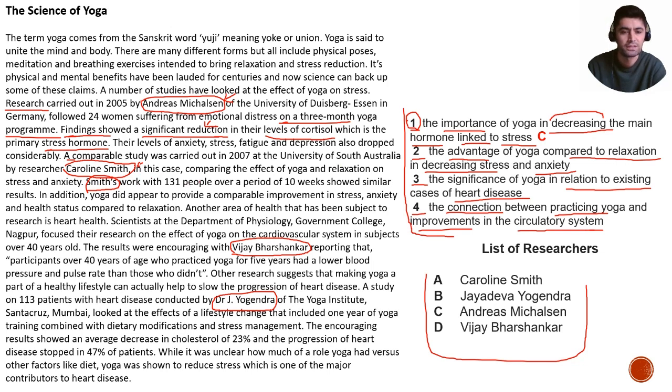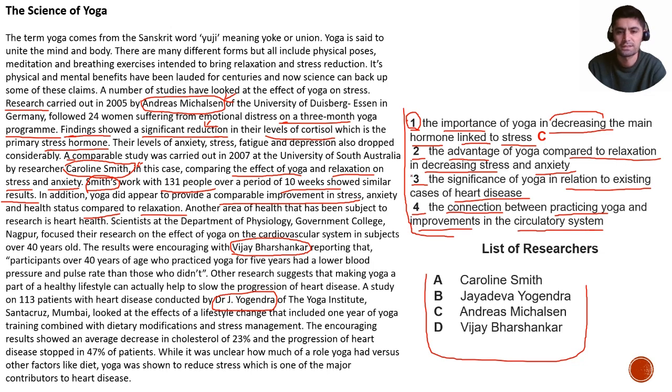In this case, comparing the effect of yoga and relaxation on stress and anxiety. Smith worked with 131 people over a period of 10 weeks, and showed similar results. In addition, yoga did appear to provide a comparable improvement in stress, anxiety, and health status compared to relaxation.